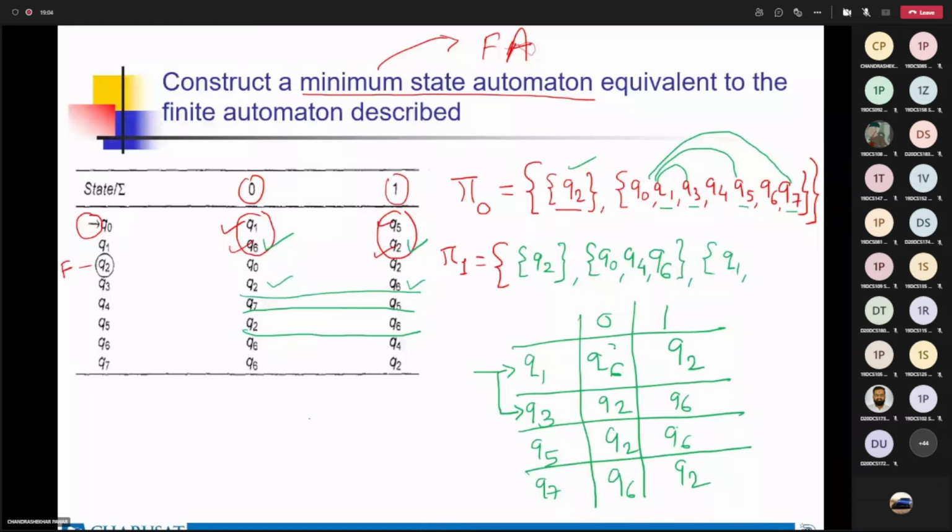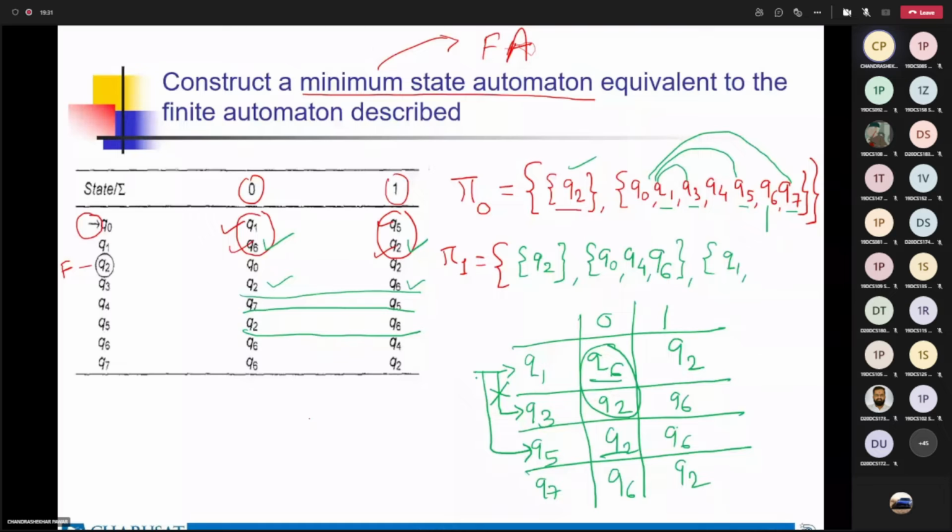Q6 and Q2 are not within one set, so no need to check the input one transition. This means Q1 is not equivalent with Q3. Now Q1 with Q5: Q6 and Q2 are within different sets, so no need to check further, so it is not equivalent with Q5.